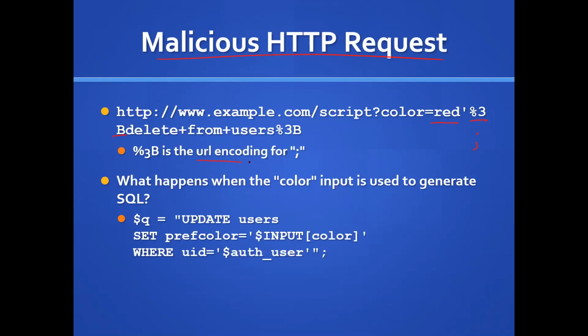With URL encoding, %3b will be semicolon. Maybe you saw this when you saved a Word document from a website and downloaded it, and then you noticed that all the spaces had been replaced with a percentage something. I don't know if you've ever seen that, but that's a situation where you might have come across URL encoding.